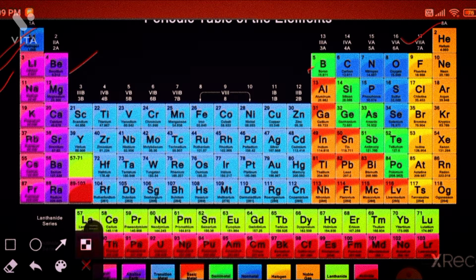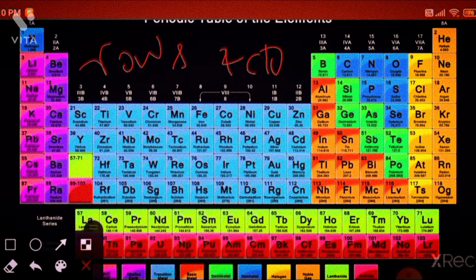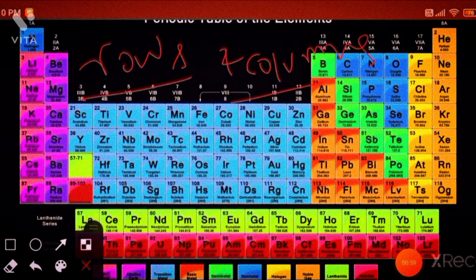Now this table is divided into two parts. Which are the two parts? Rows and columns. Rows are also called periods and columns are also called groups.